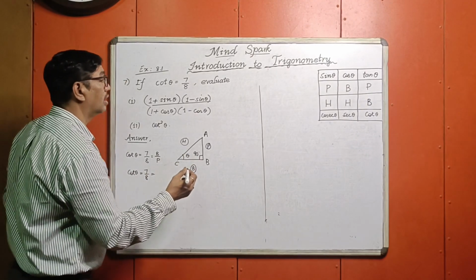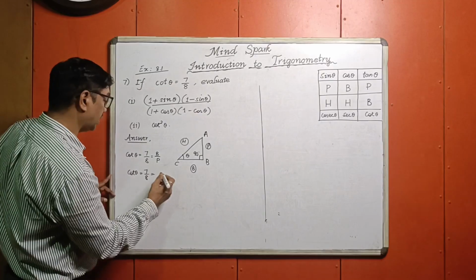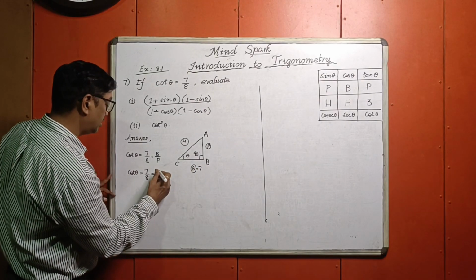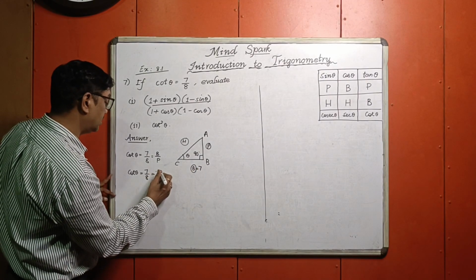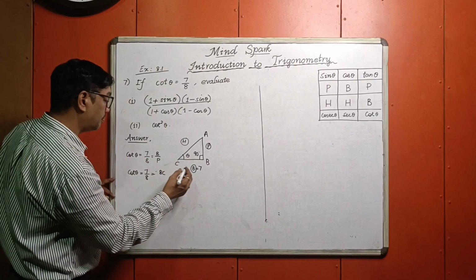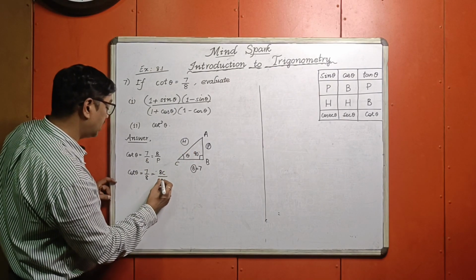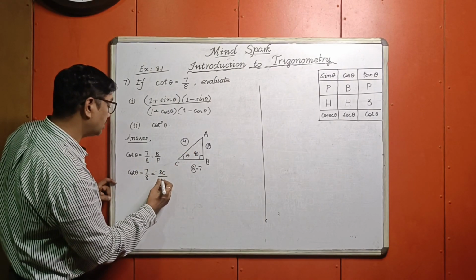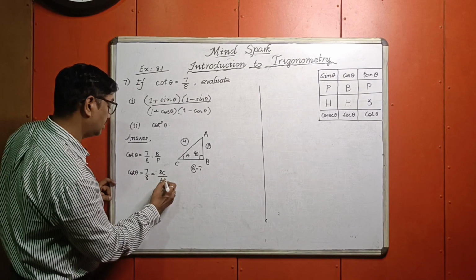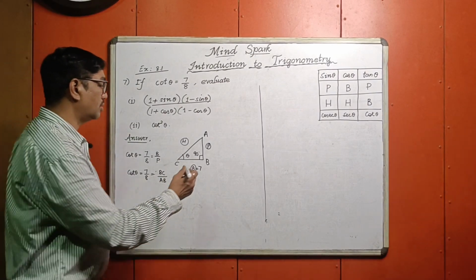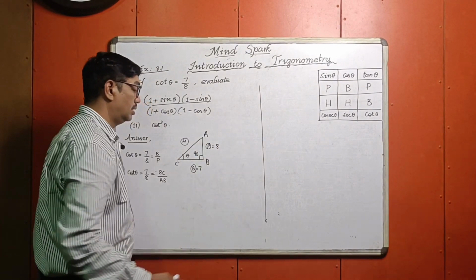Base is 7, that is BC. Then you can see here perpendicular is AB. AB is how much? 8.